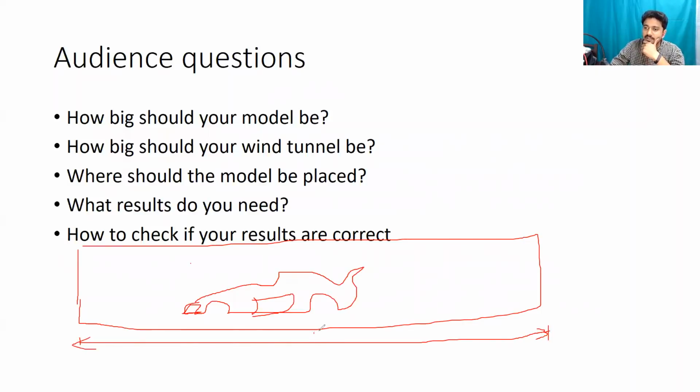Jennifer says 3 times the length of the car in the front and 5 times the length of the car behind. Does anyone else have any other ideas? Sunijraj, 5 times based on the F1 car. Okay, so that's why I'm asking, like, what is it? Rupak, it should not interfere with the boundary condition. Exactly, that's exactly correct.